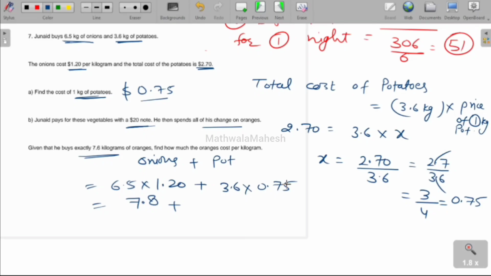3.6 into 0.75 is 2.7. This one is 10.5. So this is the total cost of vegetables.